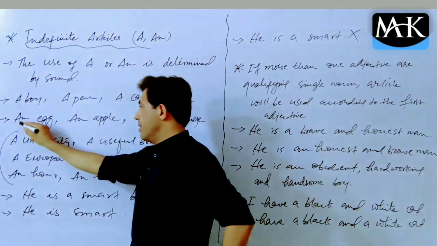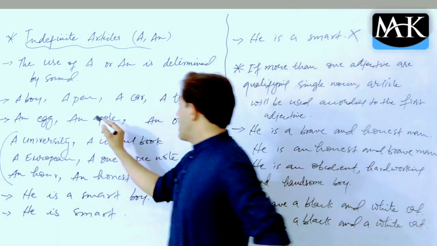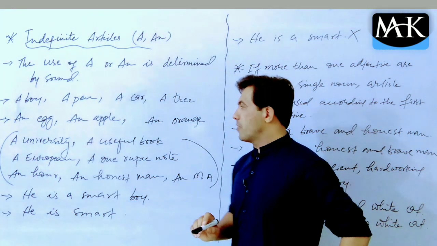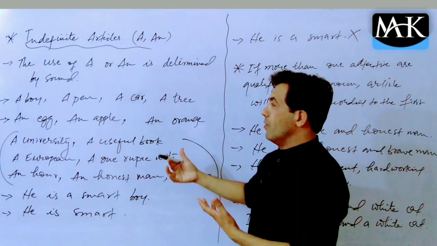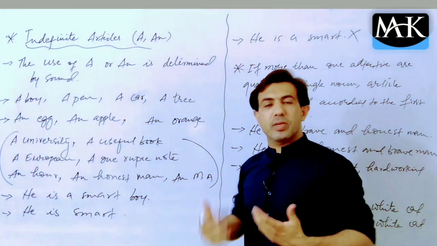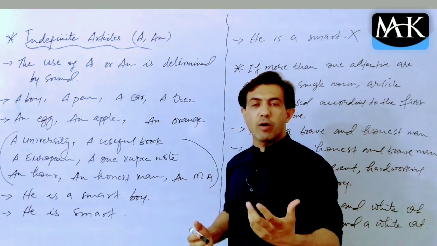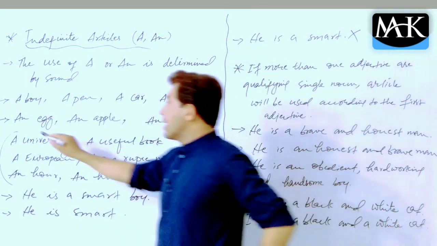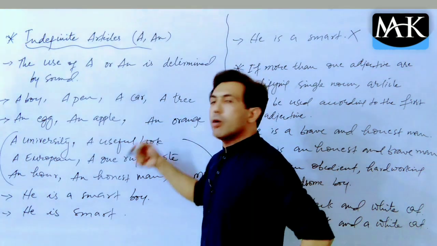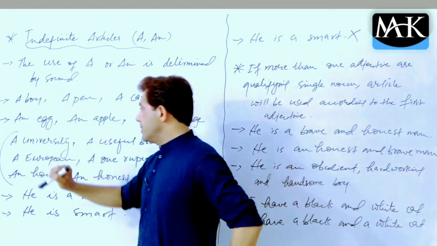Now here we go with an egg, an apple, an orange, right? Now E, A and O, they all are vowels. But again I would like to repeat that we use an and a on the basis of sounds. If there's a vowel sound, then we should use an egg, an apple, an orange. Now the sound starts with a vowel, therefore we have used an there, right?